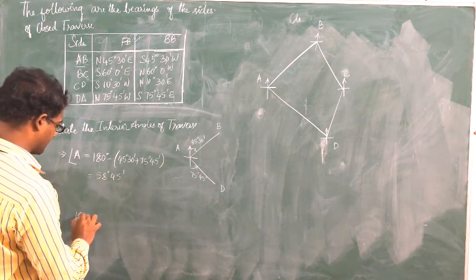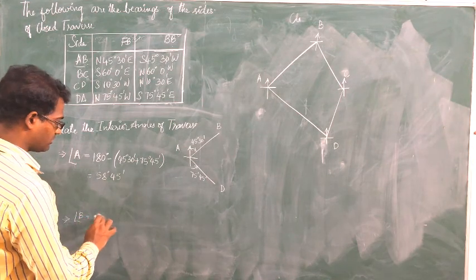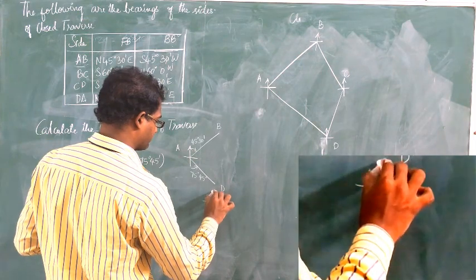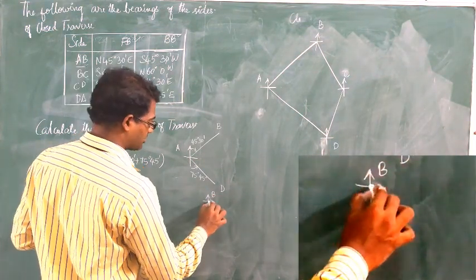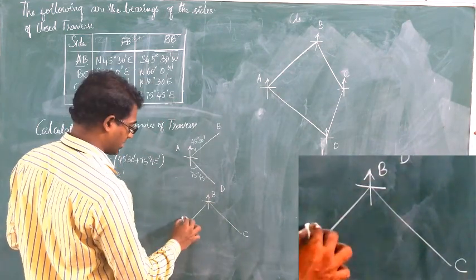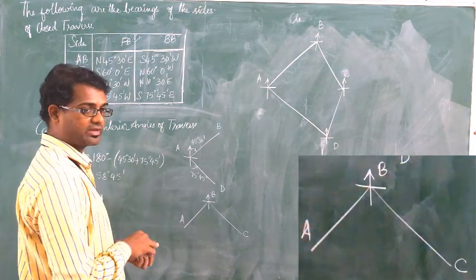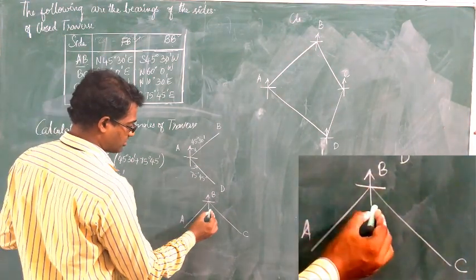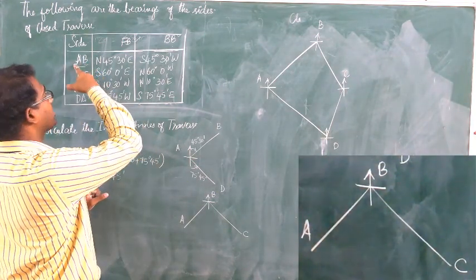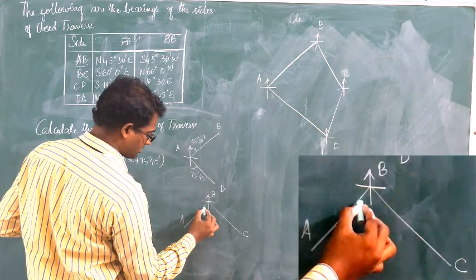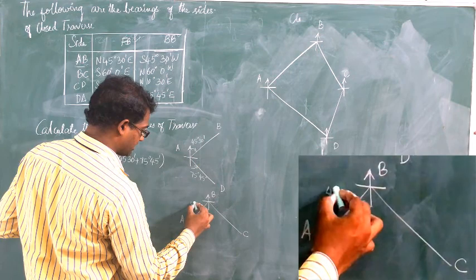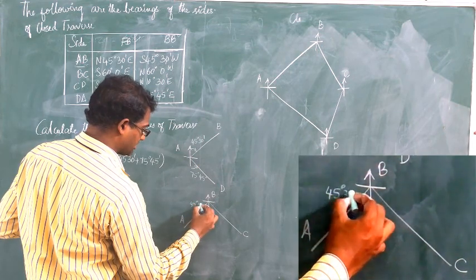Now let us calculate angle B. Now let us take station B. From station B, you have two survey lines, to C and to A, and you have two bearings from there, right? So the BA bearing is southwest, how much? 45 degrees 30 minutes.